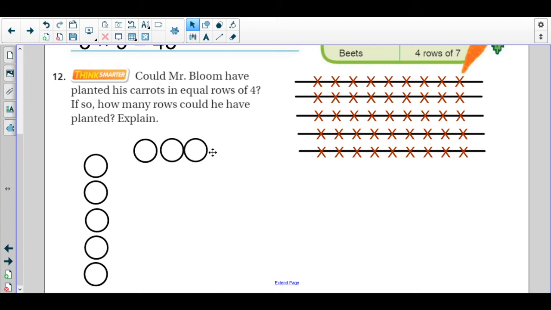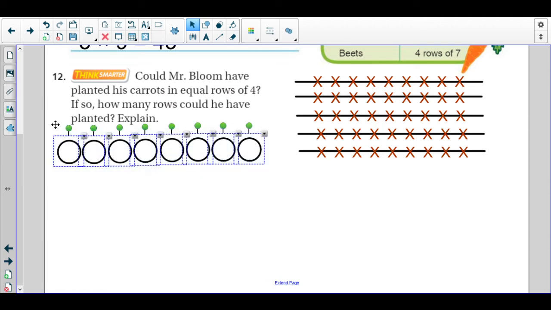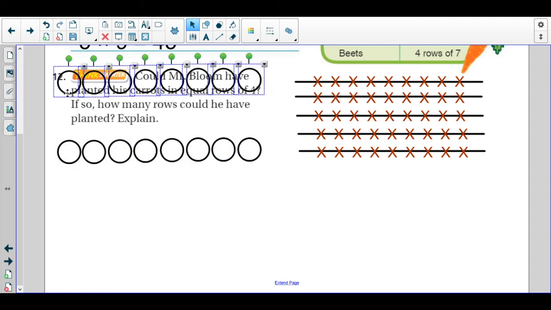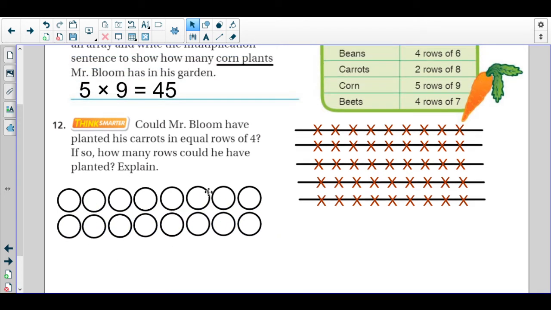So, 2 rows of 8. Here we go. That's 1 row. And there's another row. So we have 2 rows of 8.